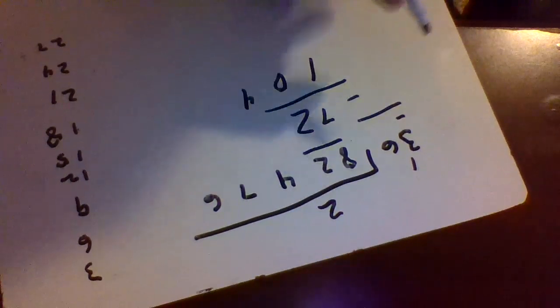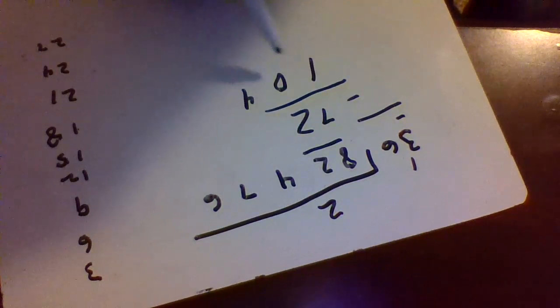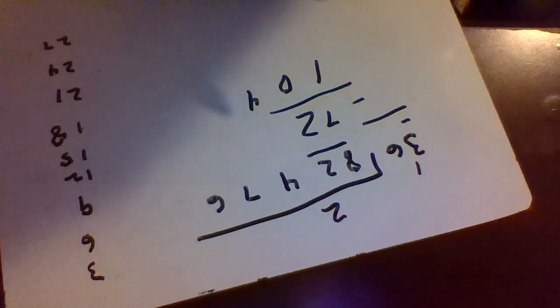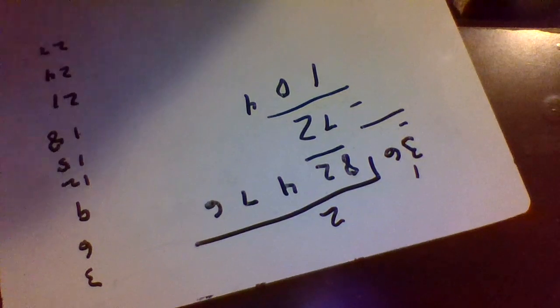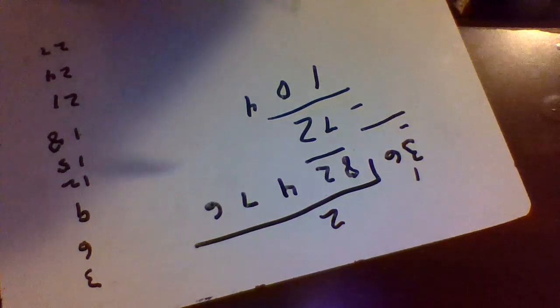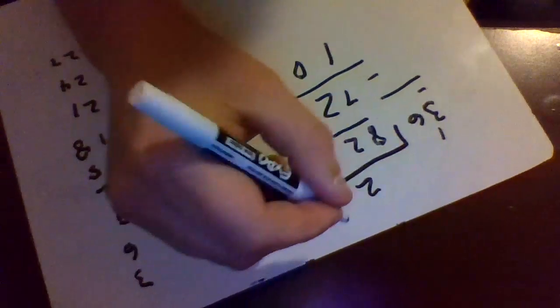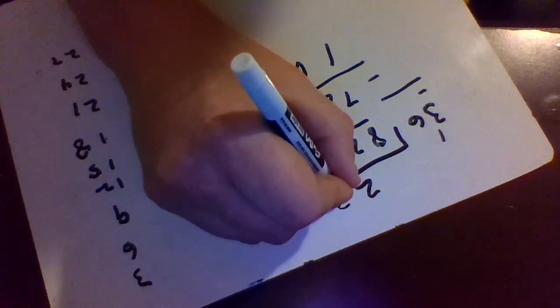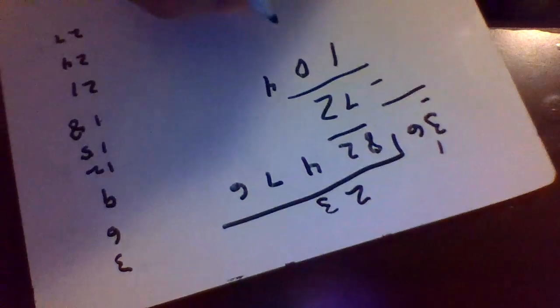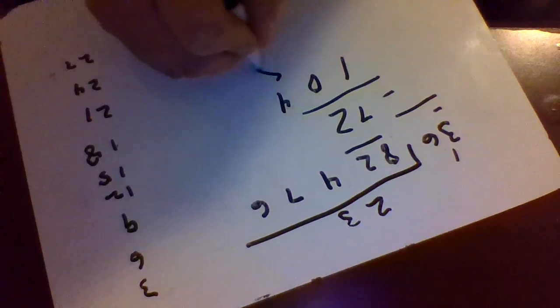Okay, so now we're going to look at 3 into 10, because 3 can't go into 1. So 3 goes into 10 how many times? 3 times 4 is 12, and 12 is too big to go into 10. So 3 times 3 is 9. 3 times 6 is 18.